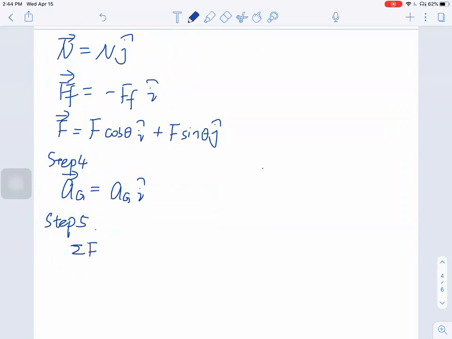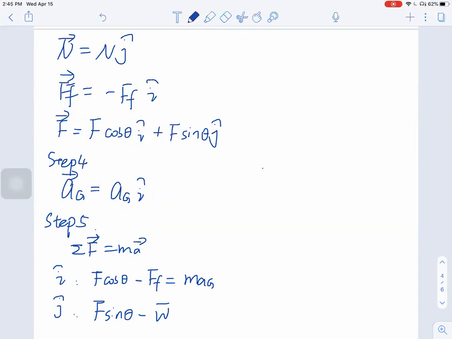Sum of the forces equals ma, and this can be broken down to i and j. In the i direction, we should have F cosine theta minus Ff, which is the friction force, equal to m a G. In the j direction, we have F sine theta minus weight force.